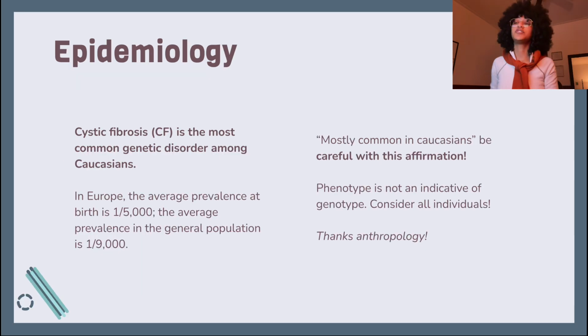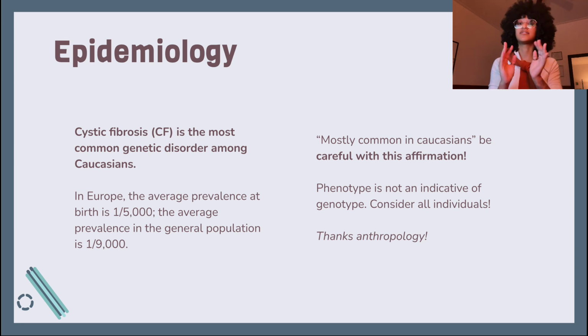In terms of epidemiology, I read a lot that this condition is mostly common in Caucasians, but I think these affirmations can cause more harm than actually teach us as researchers, as genetic counselors. So even though it's most common in what they once called Caucasians, I would say do not expect or disregard a diagnosis just because of someone's phenotype, because the phenotype is not always 100% attached to the genotype.